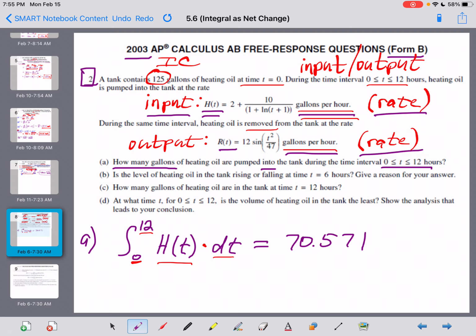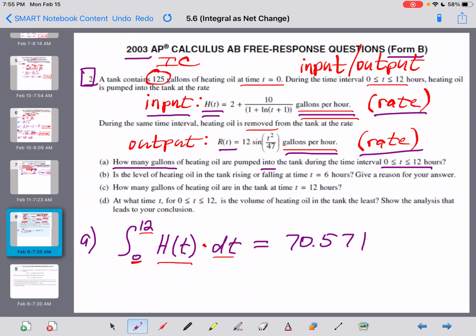Okay, let's talk about B now. Is the level of heating oil in the tank rising or falling at a time of t equals 6 hours? And we're going to give a reason for your answer. So at this point, what we need to do is think about rates.